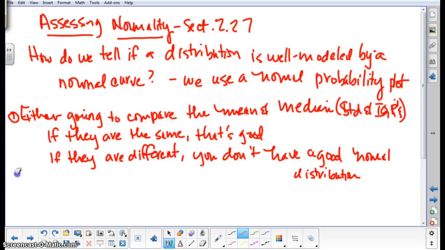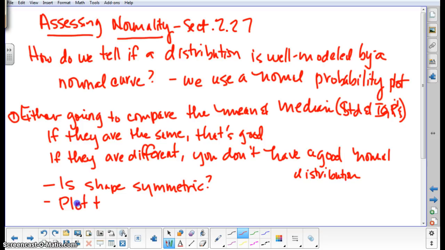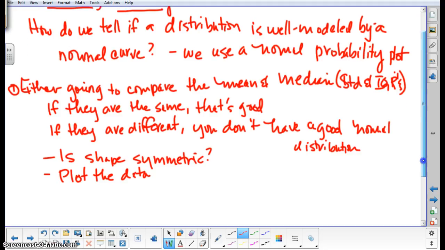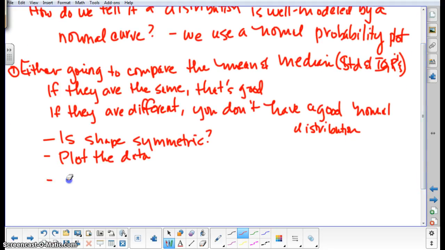Okay, so you can also ask yourself, is the shape symmetric? You want to plot the data. And does it follow the 68, 95, 99.7 rule?